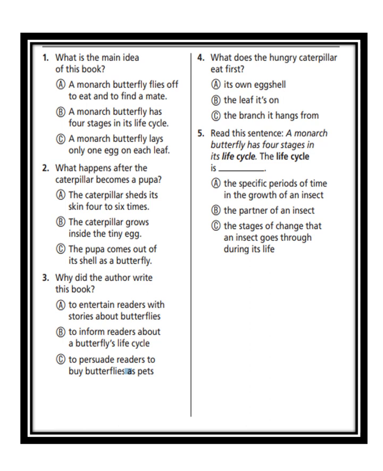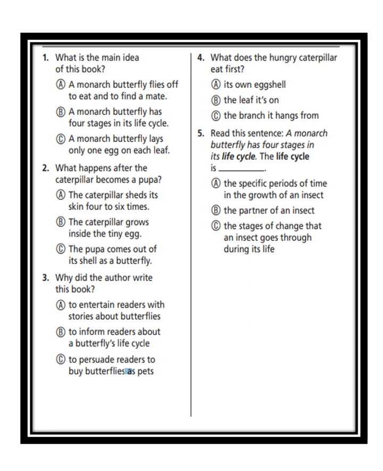So it says, what is the main idea of the story? A, a monarch butterfly flies off to eat and find a mate. B, a monarch butterfly has 4 stages in its life cycle. Or C, a monarch butterfly lays 1 egg on each leaf. What was this story about?